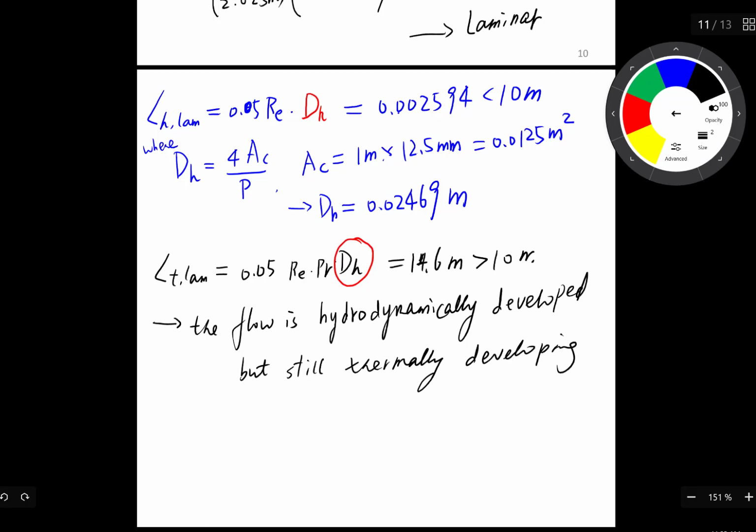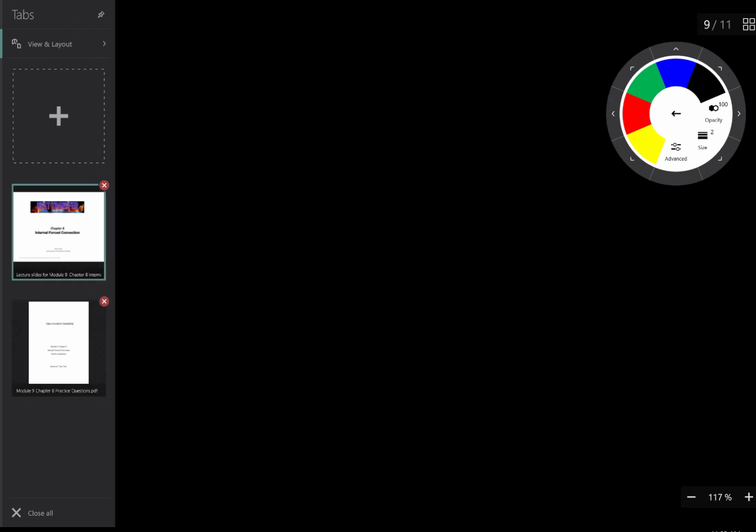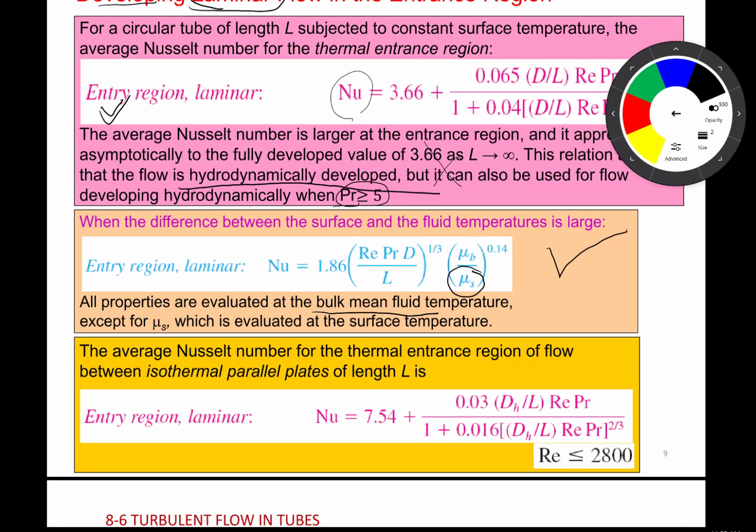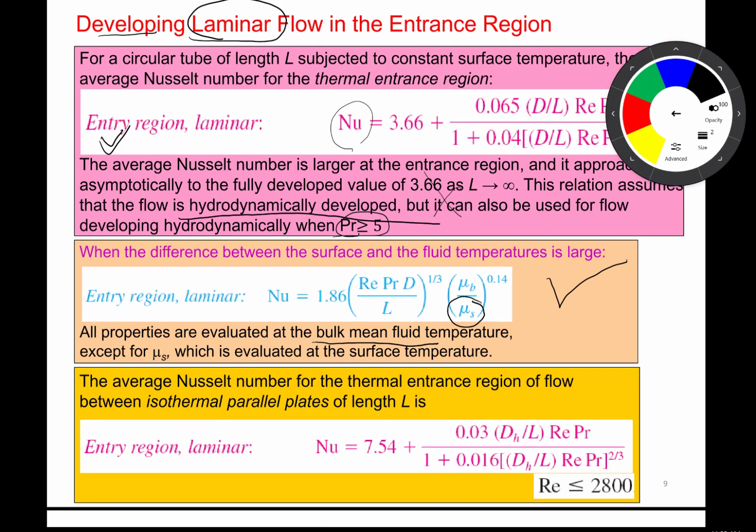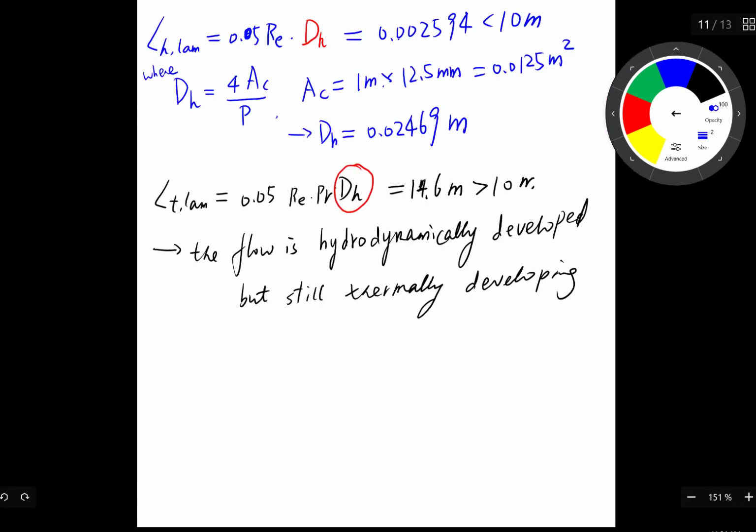So which correlation should we use? Let's go back to the slide. Remember, it is hydrodynamically developed, thermally developing, and laminar flow. So it's developing laminar flow. This is flow between isothermal parallel plates, so we should use this correlation.